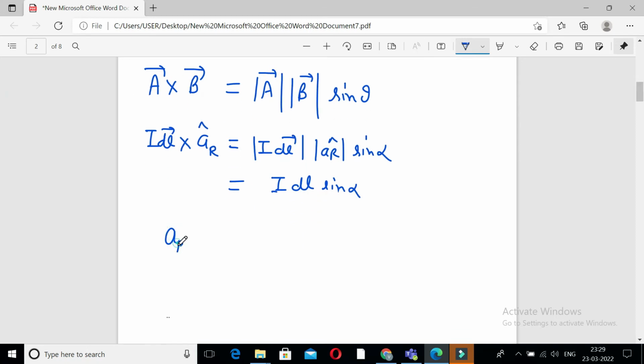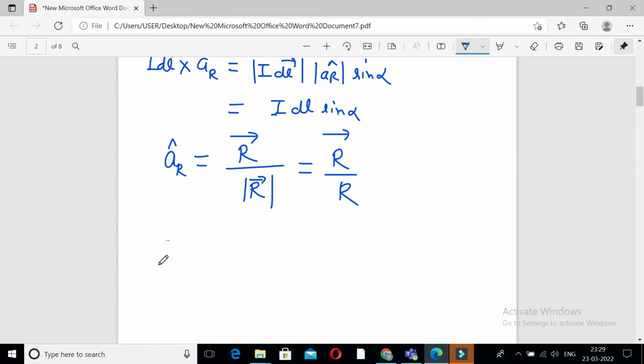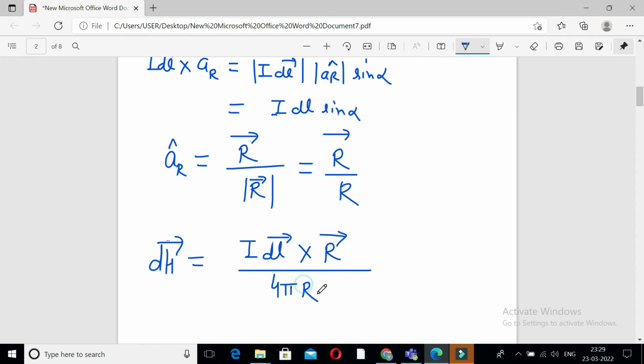Further, we know a_R cap is equal to R vector upon modulus of R, that is, r vector upon r. So we can write dH vector is equal to I dl cross r vector upon 4 pi r cube.